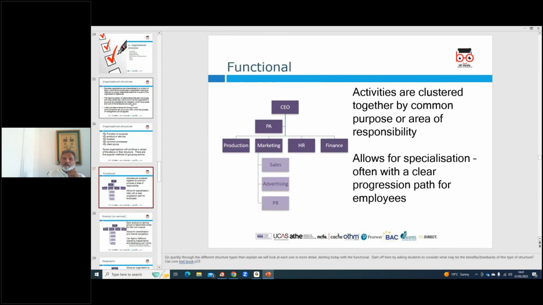Functional is when we have a specialist function in an organization based on the activities, based on the things they do in this organization, things that they are fulfilling. For example, the function is specialist departments, or areas of responsibility they are there for.